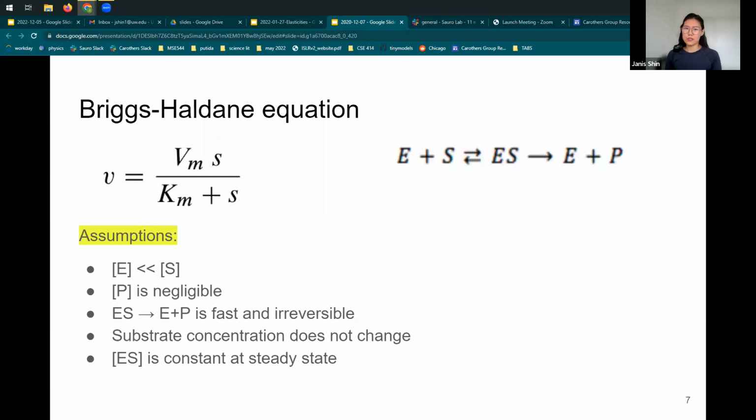We can go through different elasticities for different rate laws, and these are just a couple of examples. Here is the Briggs-Haldane equation, and this is the rate law for the Briggs-Haldane equation. Basically, this equation is based on the following setup, where the enzyme binds to a substrate to form a complex, which is reversible.